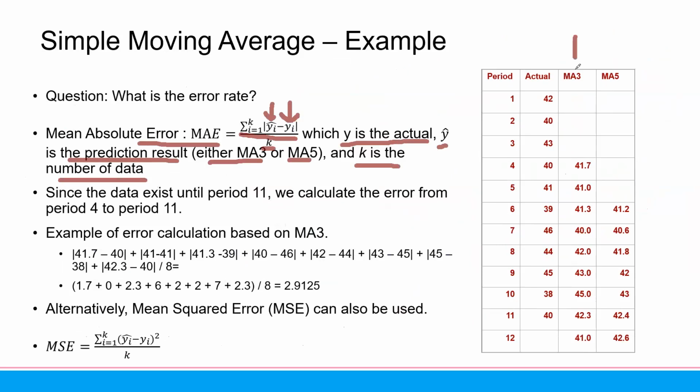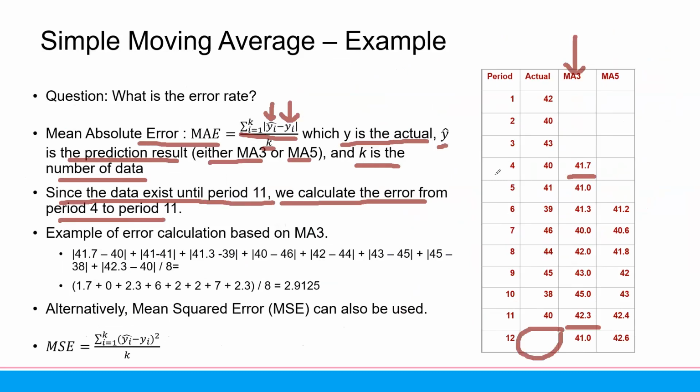So let's see with the MA3. Since the data exists until period 11, we can calculate the error from period 4 until 11. Because the prediction result starts from 4, so we will check until 11. Because we do not have any data on the period 12, we cannot check the error.